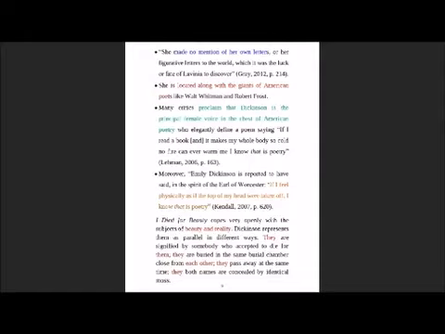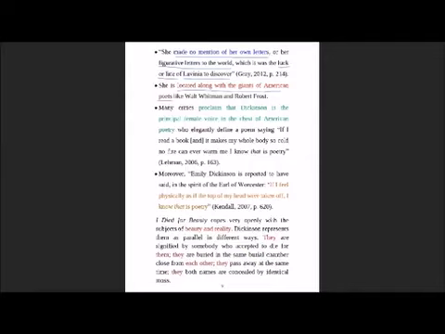Emily made no mention of her own letters or her figurative letters to the world, which it was the luck, yes, as we mentioned, or fate of Lavinia to discover. So the help came from Lavinia.